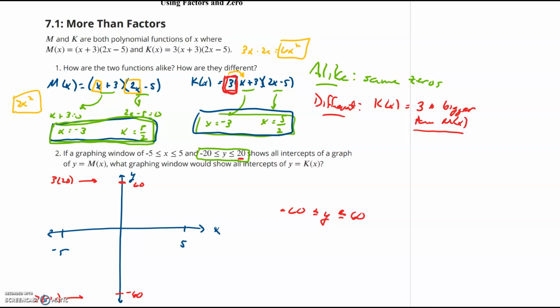So my vertical window for this function should be from negative 60 to positive 60 inclusive, and my horizontal can stay the same, negative 5 to positive 5 inclusive. So this should be a pretty good graphing window for these functions.